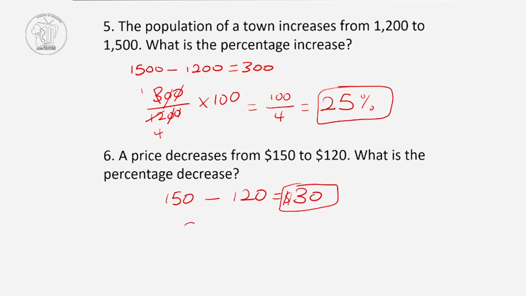So this will be 30 over the original cost of the item, which is $150, multiplied by 100. So this 0 will cancel out with this 0. 15 ones 15, 15 into 30 is 2. So 2 times 10 would give you 20%.